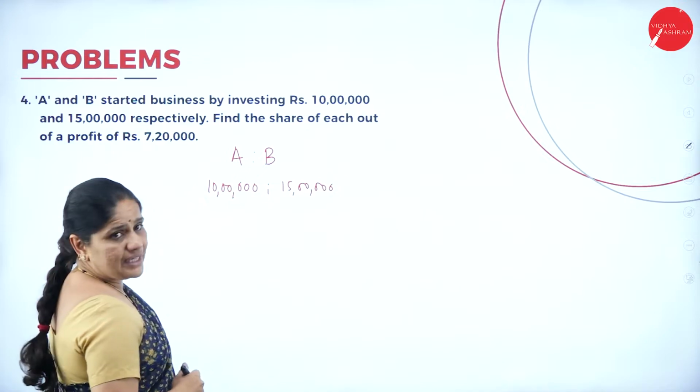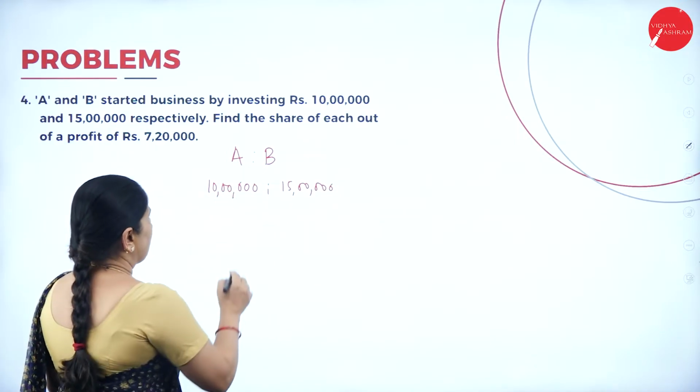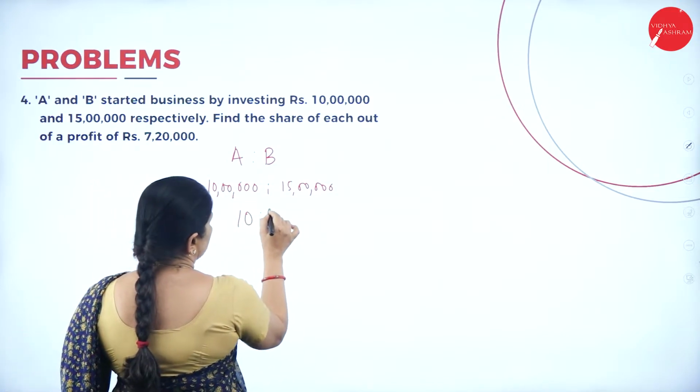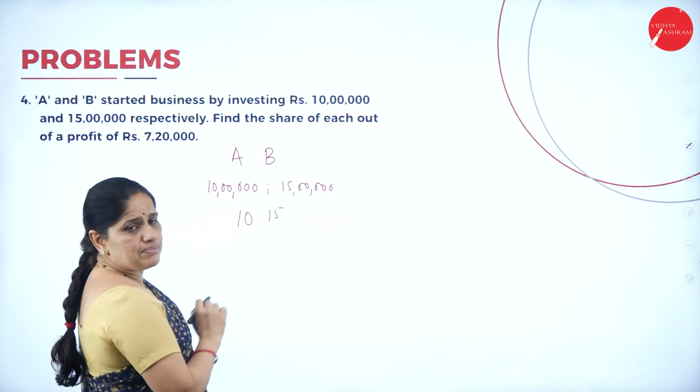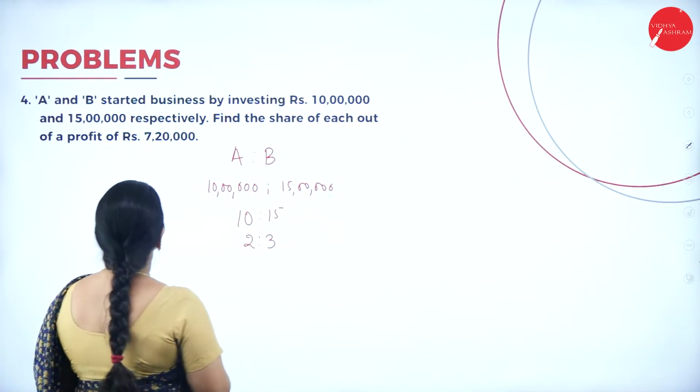When we simplify both of these, I get 10 is to 15. If I simplify this further, I get 2 is to 3.